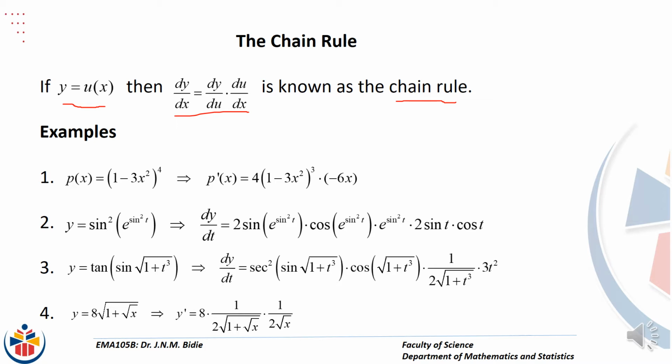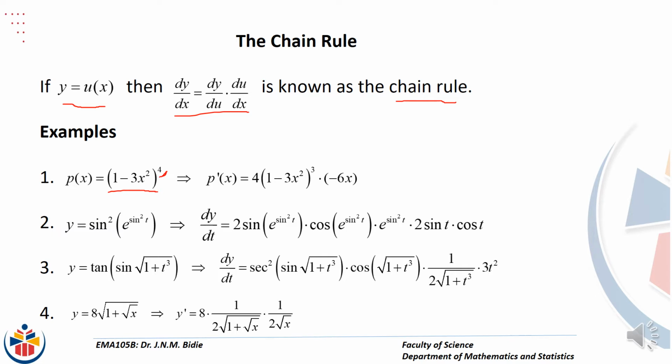So let's go to examples. I'll start with the simplest one, where the function is a power function. We've got here 1 minus 3x squared, all to the power 4. The first thing we do is differentiate this expression with respect to the power. We have to take note of that power.